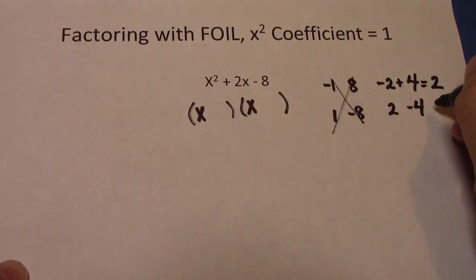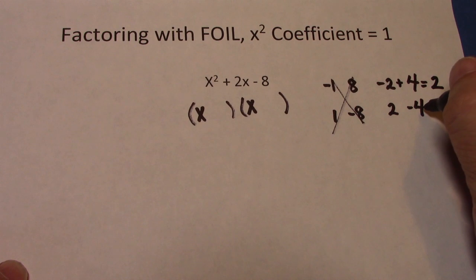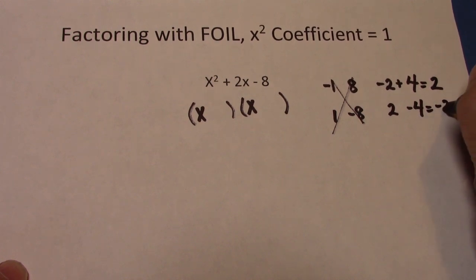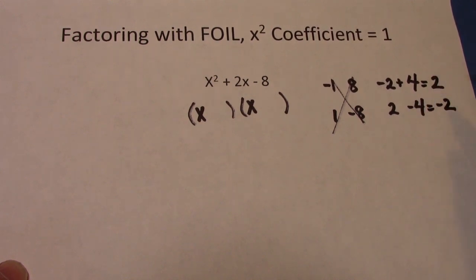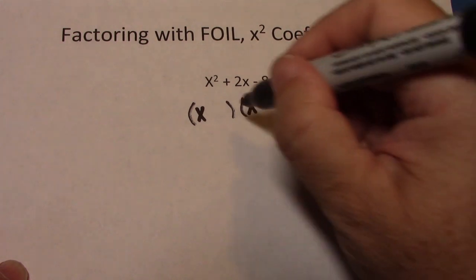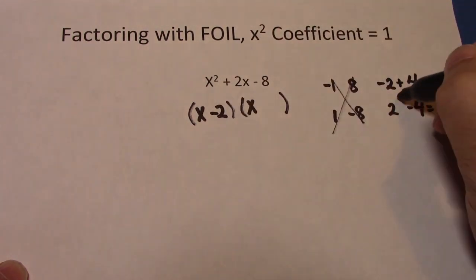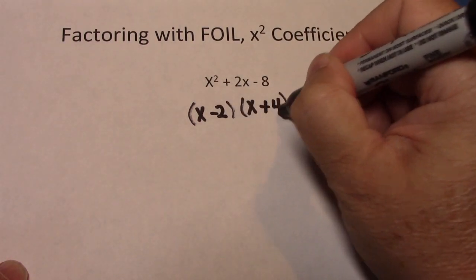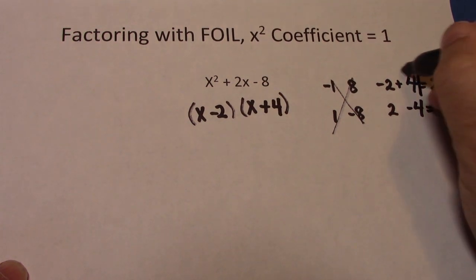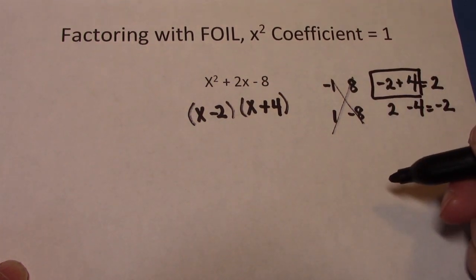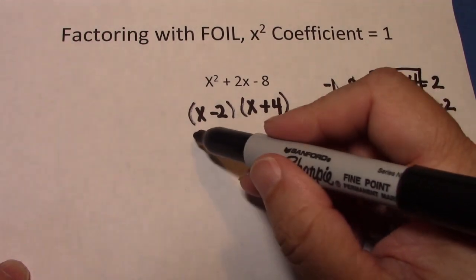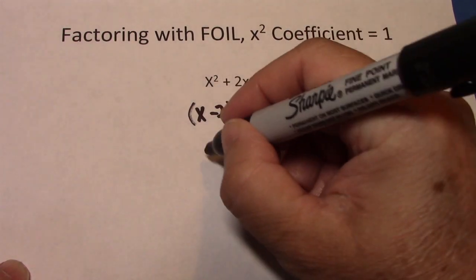But let's just check this last one. 2 plus negative 4 is negative 2. So, negative 2 and positive 4 from here is going to be the answer. But always double check. First, x times x is x squared.